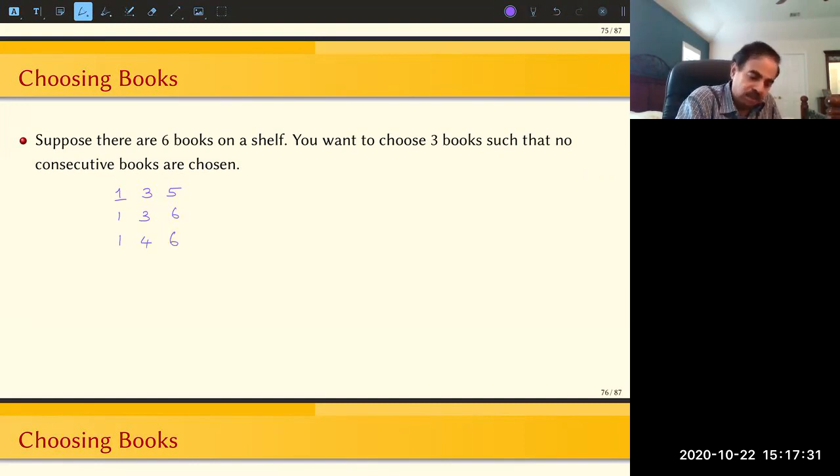Or we can try 2, and we can do 2, 4, 6. Did I miss anything, or these are the only 4? Okay, so maybe we got it right.